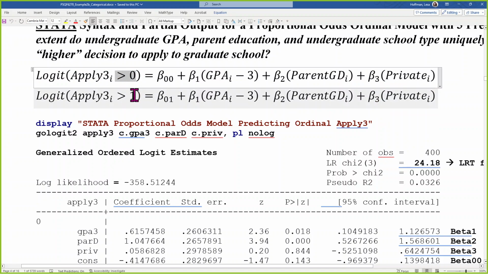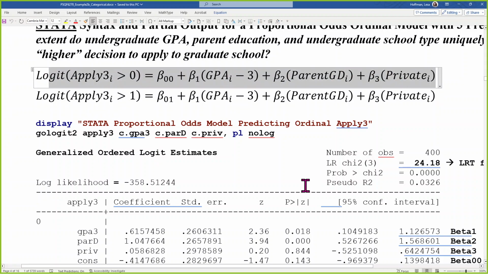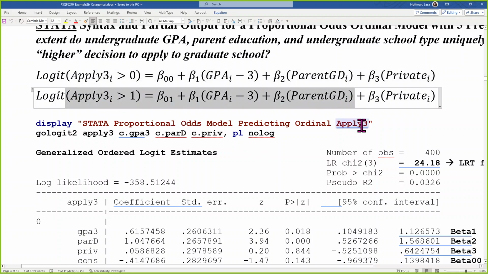The second one is predicting a score greater than 1, which means a 2 instead of 0 and 1. In English, this is predicting the probability of at least considering grad school, right? It's not a no, it's at least an eh. And then this is predicting, yes, definitely going to do it, versus on the fence.